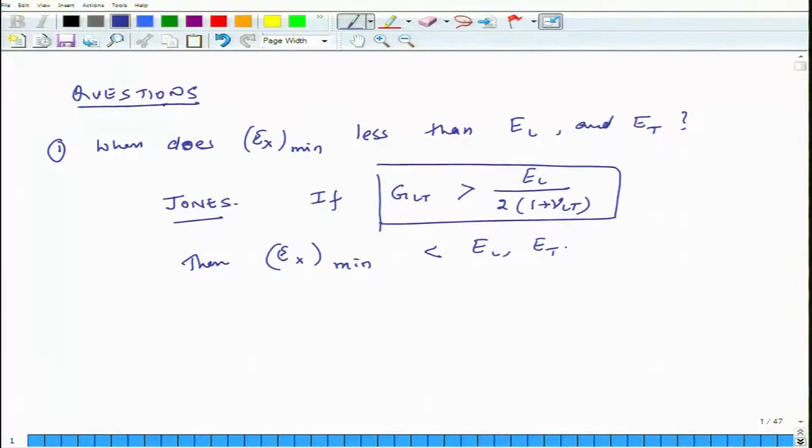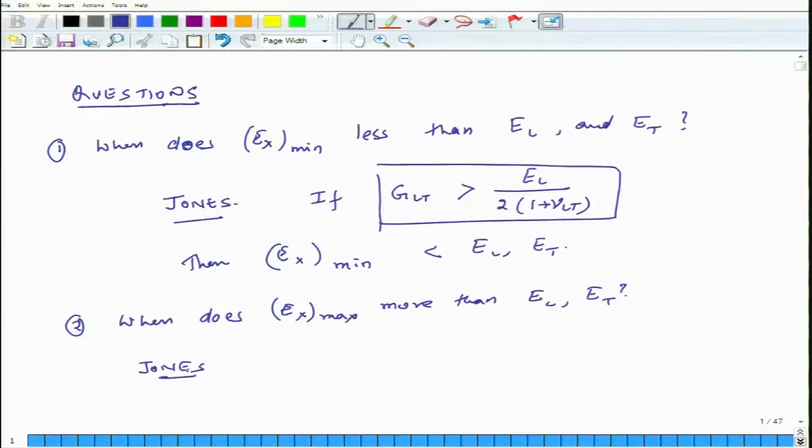Okay. The second question is, when does Ex max become more than EL and ET? And again Mr. Jones answers that it is more than EL and ET if GLT is less than, oh I am sorry, so this condition I specified incorrectly.